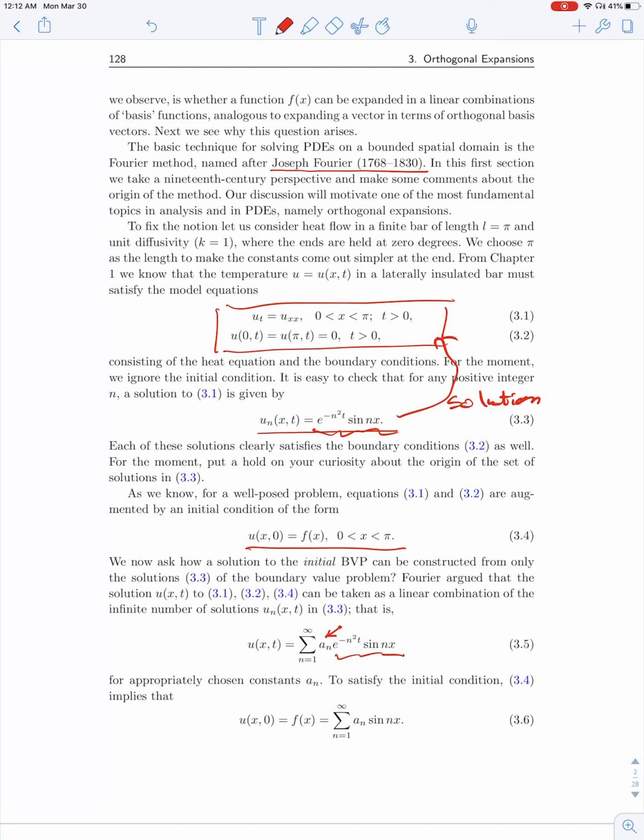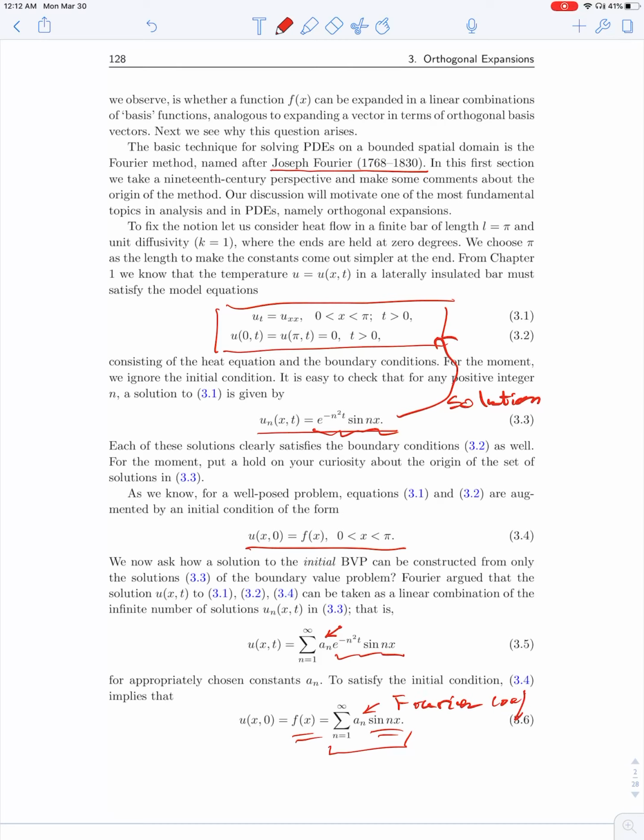And if you look at how you determine the coefficients, f(x) can be written as an infinite series of sine functions, and this is what we would call a Fourier sine series, and these a_n are Fourier coefficients.